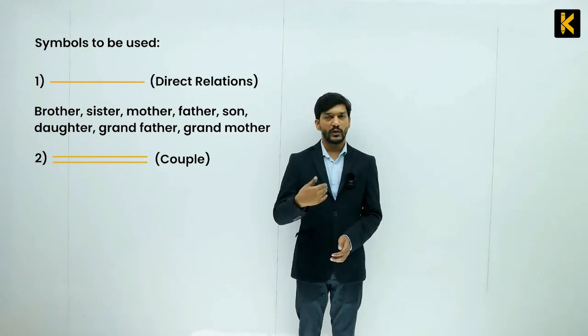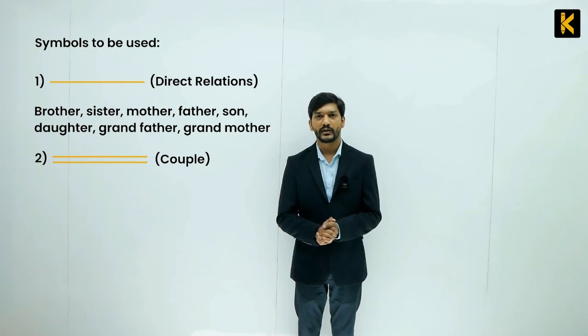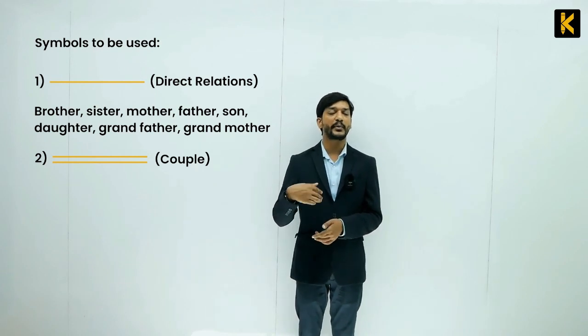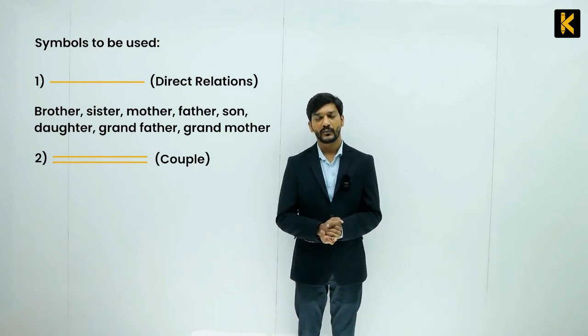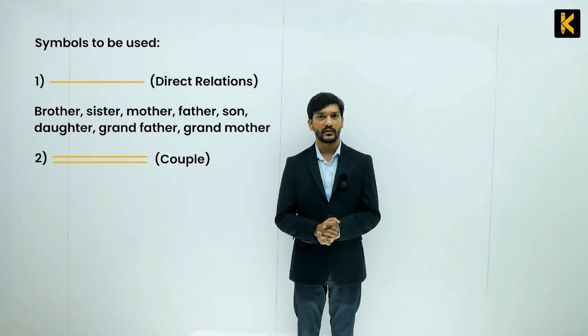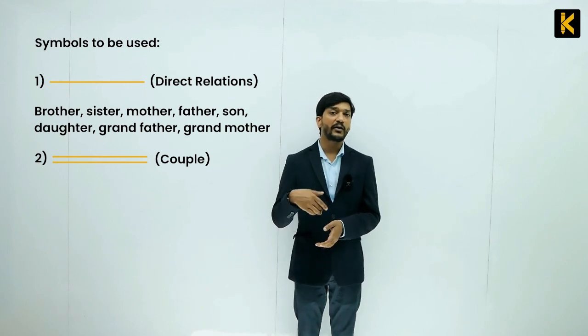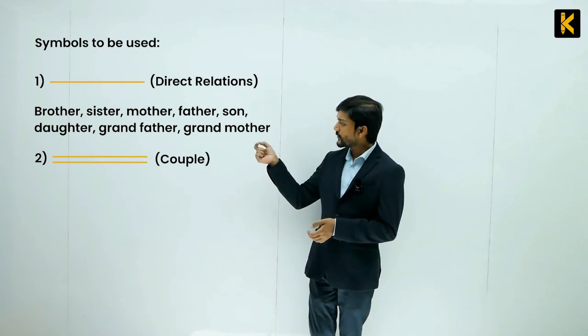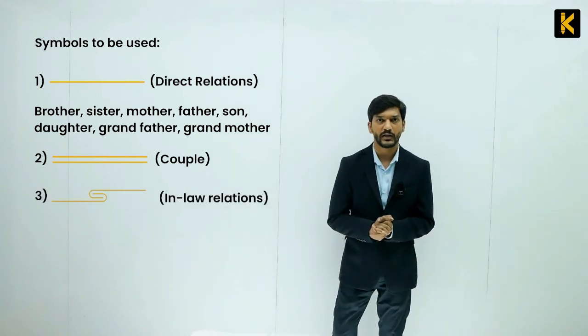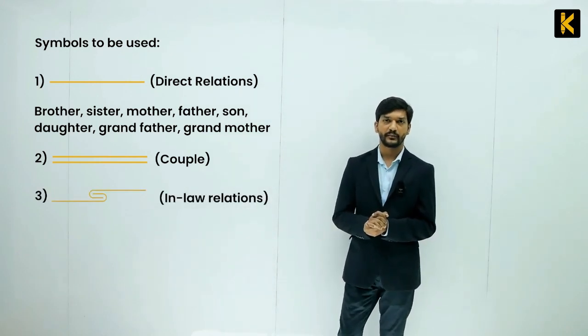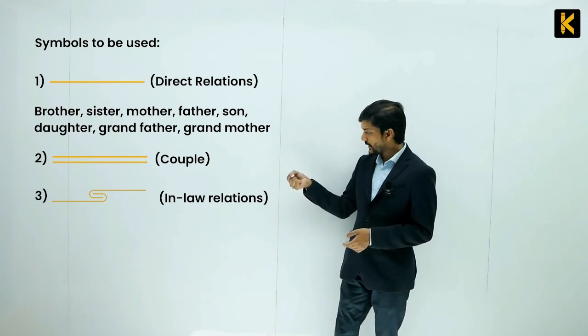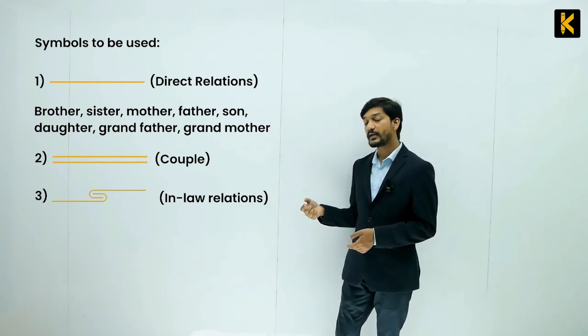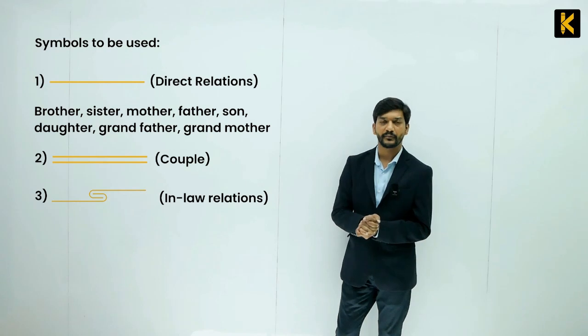Now next one. Once you become married, you will have in-laws. So those in-law relations should have a separate symbol. So for in-law relation, which comes after you get married, will have a symbol something like this. Carefully see, please. It is something like this. What it is representing, let me tell you.